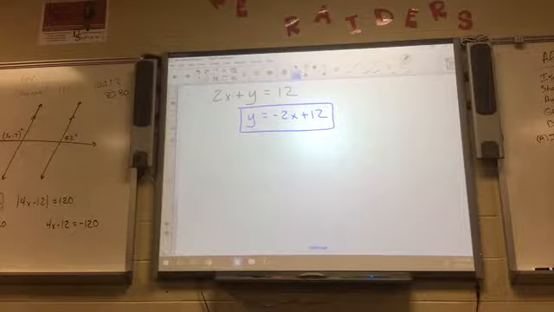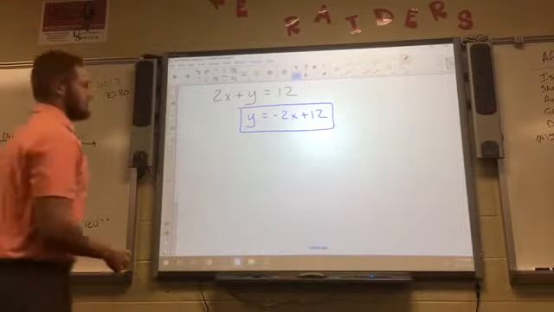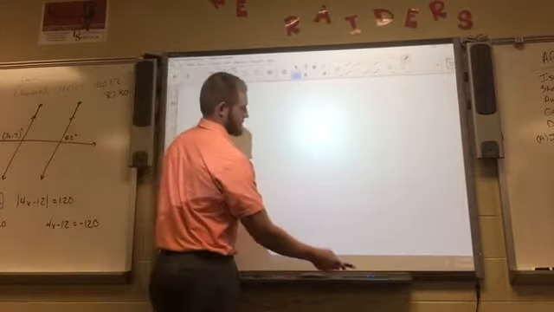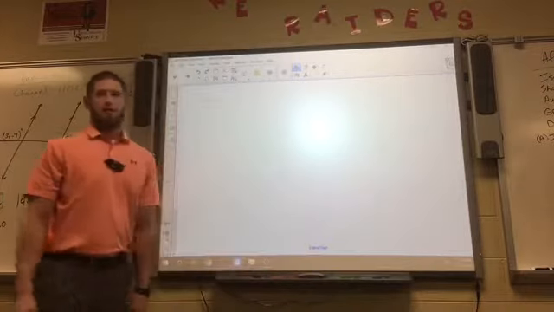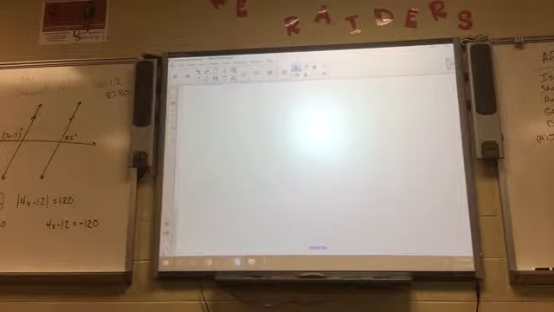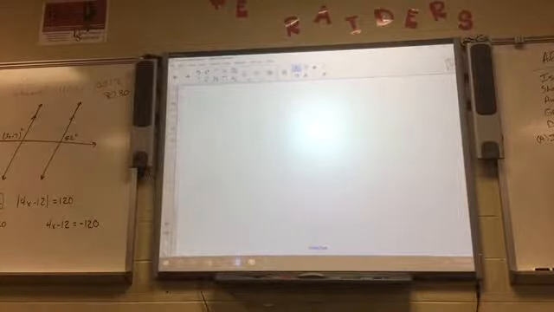Okay, last example. And this one is actually longer yet than the first example, so pay close attention. There's many more steps than we've had to do in the past. What we're trying to do here is they give us a line and a point that's not on the line.